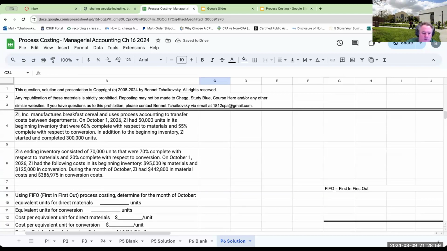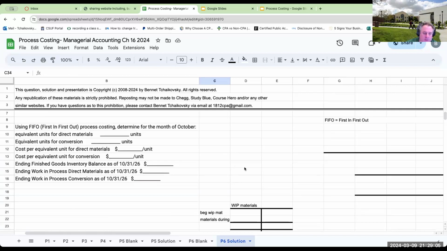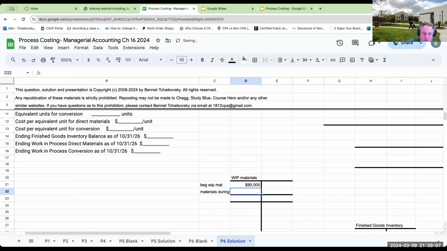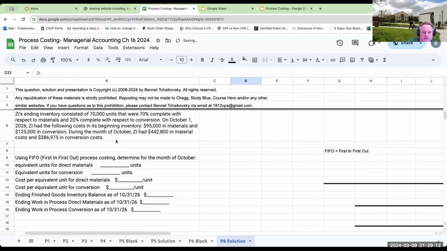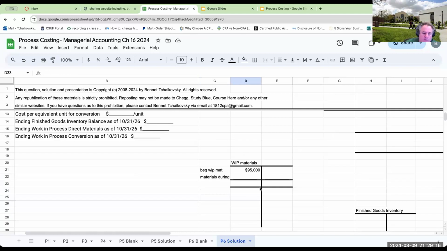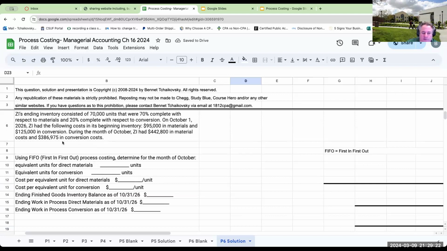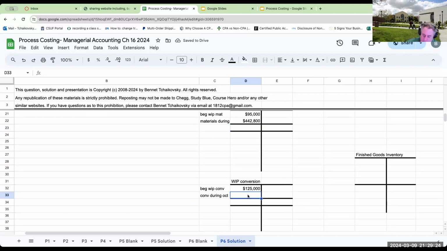On October 1st, we have the following costs in beginning inventory: 95 in materials and 125 in conversion. During the month we had 442,800 in materials, and conversion costs of 386,975.